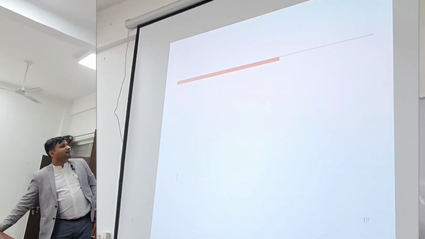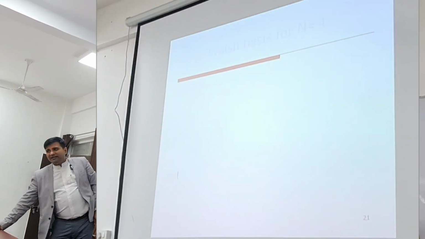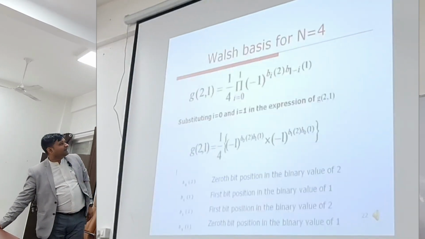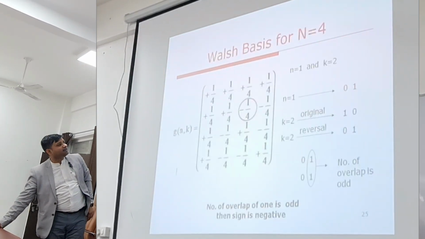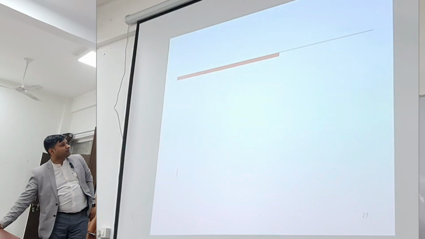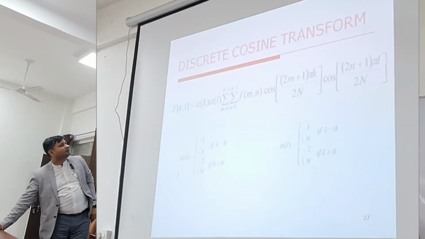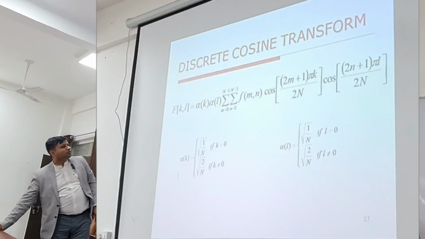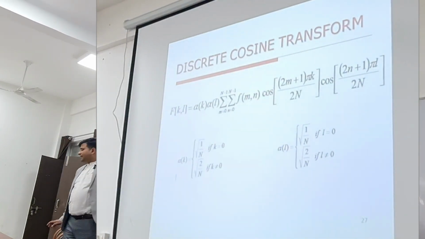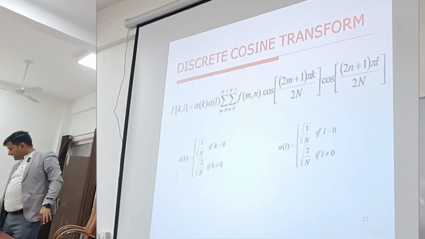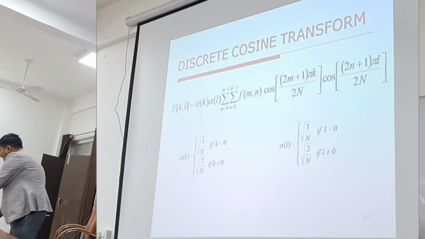Another is the separability property. There are various properties of this discrete cosine transform that you use for lossy compression. So this is the discrete cosine transform formula and its properties.